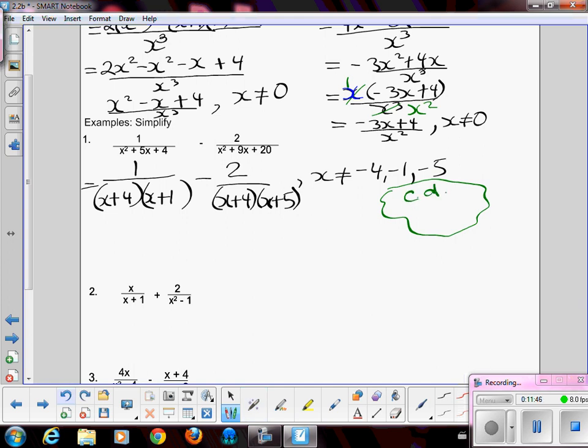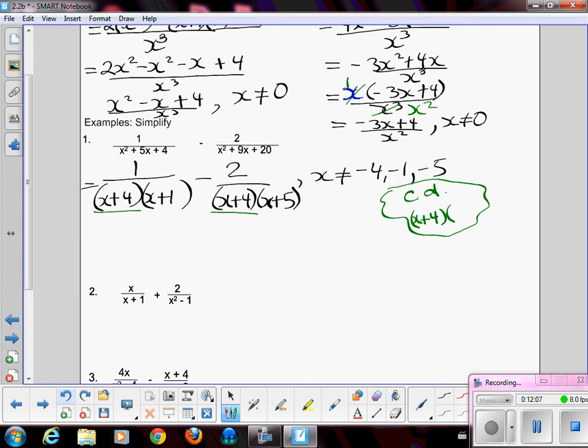So you can see, what do they have in common already? They have an x to the 4th. So I'm going to use an x to the 4th as part of my denominator. And I don't need to put two of them, only one of them, because they have that in common already.